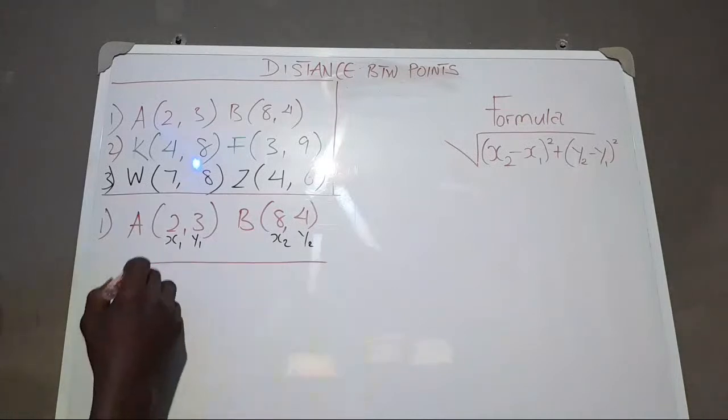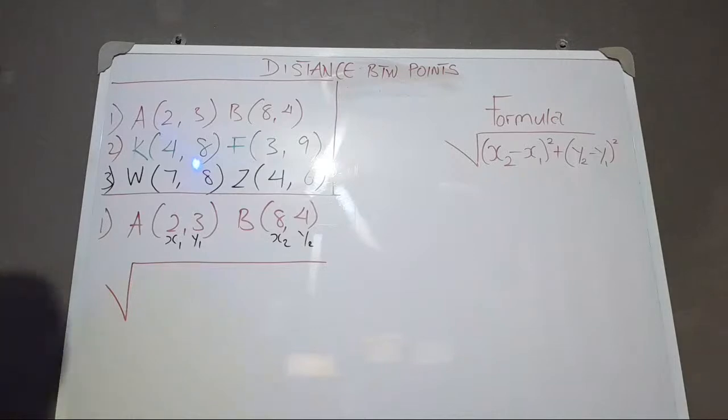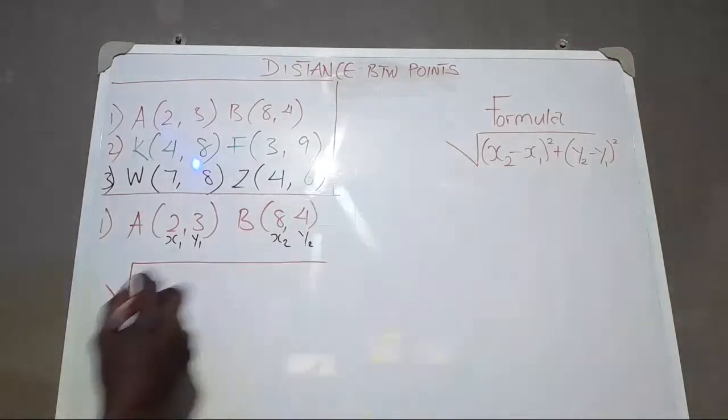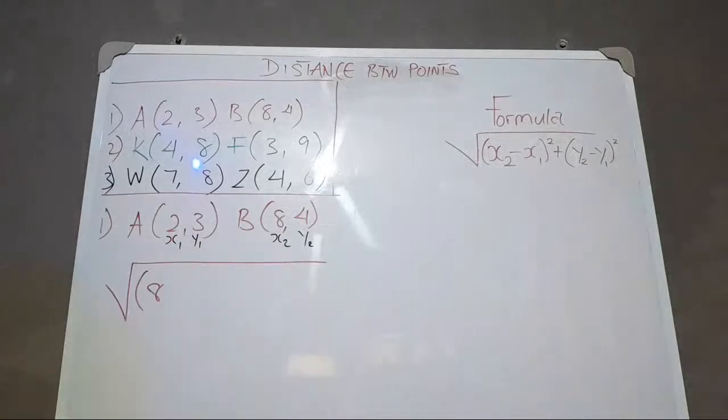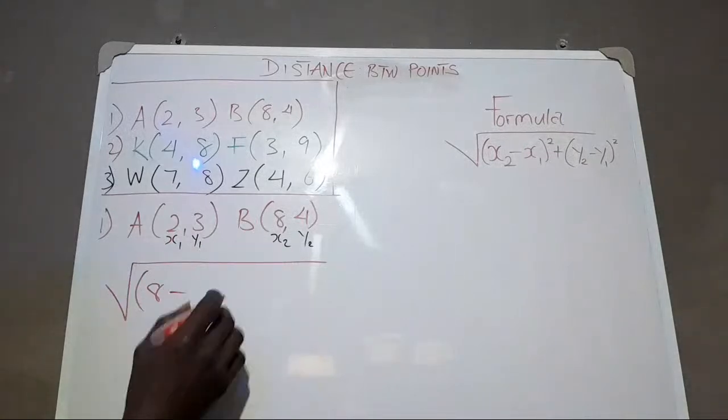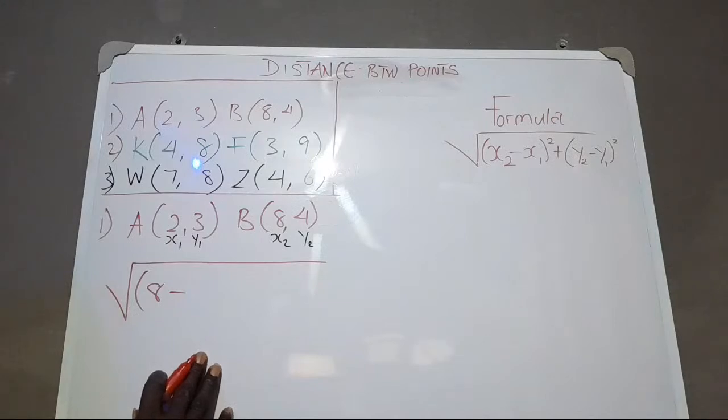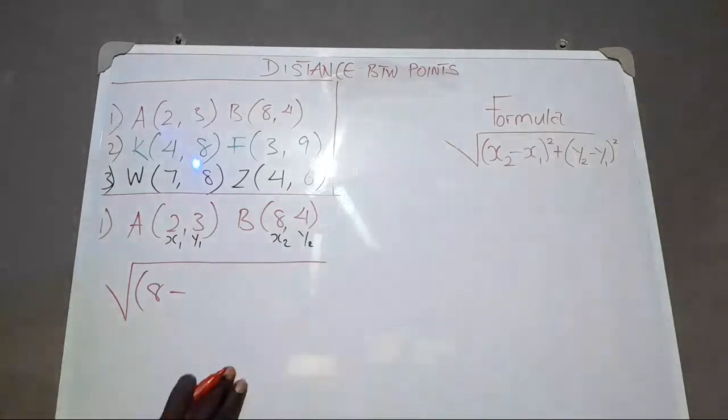Then this is square root. Now open brackets. Our x2, which is 8, minus our x1, which is 2. Are we all together?